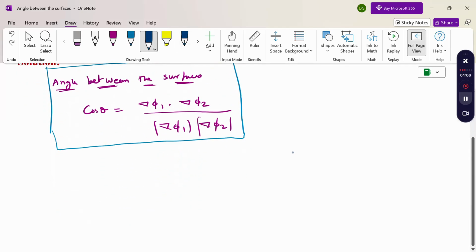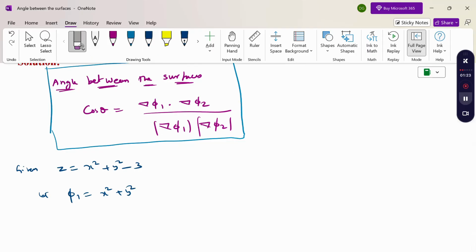Given z equal to x square plus y square minus 3. Let phi 1 equal to x square plus y square, shifting the right-hand side term, minus z minus 3.